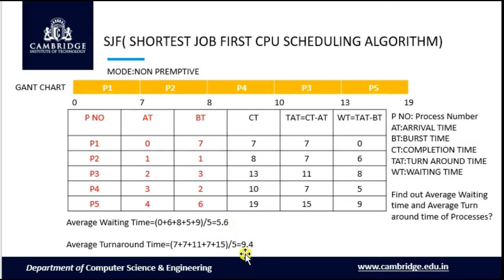Average turnaround time is calculated by adding the turnaround times of each process: 7 plus 7 plus 11 plus 7 plus 15, divided by 5, which is 9.4 units of time. This is how you find out the average waiting time and average turnaround time using the shortest job first scheduling algorithm.